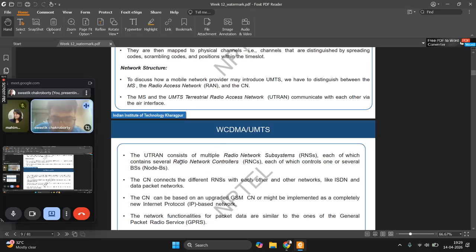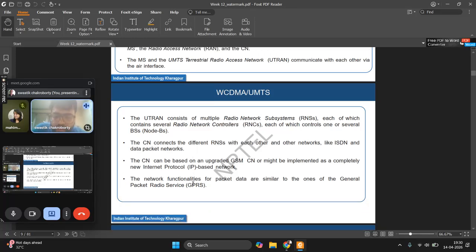The entire UTRAN is divided into various radio network subsystems, which are divided into various radio network controllers. Under these radio network controllers there are multiple node Bs. So node Bs are three hierarchies down from UTRAN. From UTRAN you have multiple RNS, each RNS has multiple RNCs, and each RNC has multiple node Bs.